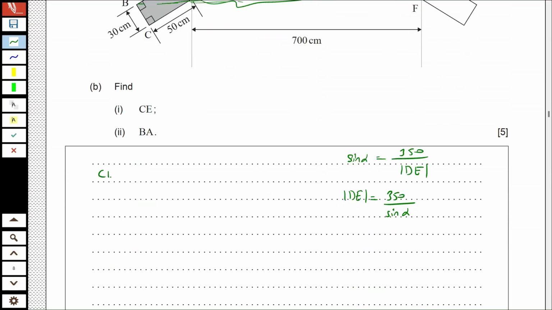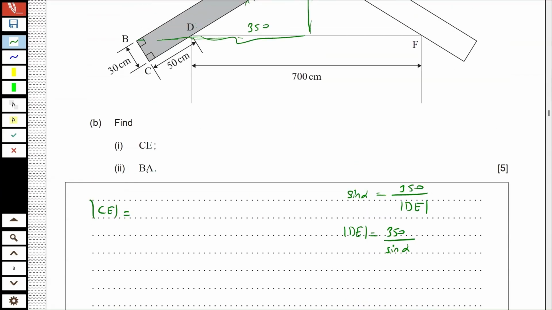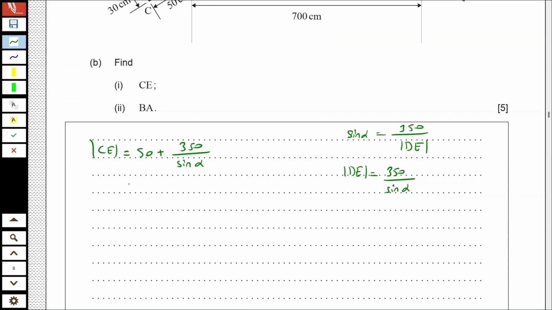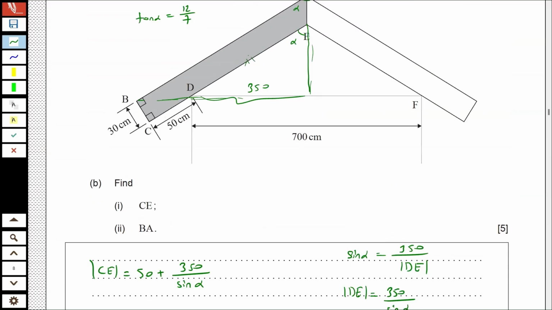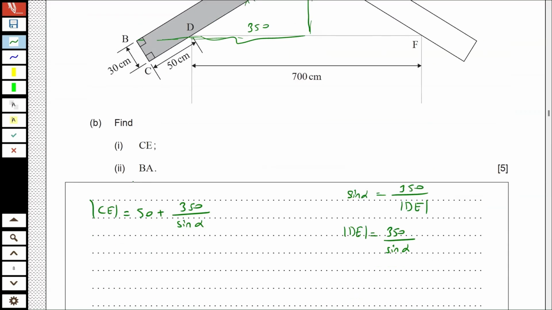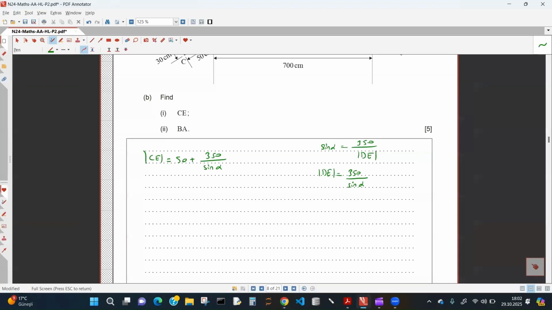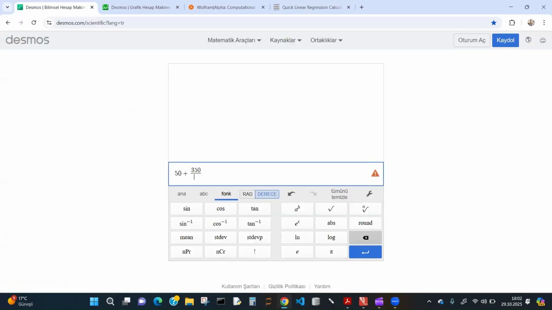So CE equals 50 plus 350 over sine alpha. Let's find this: 50 plus 350 over sine.